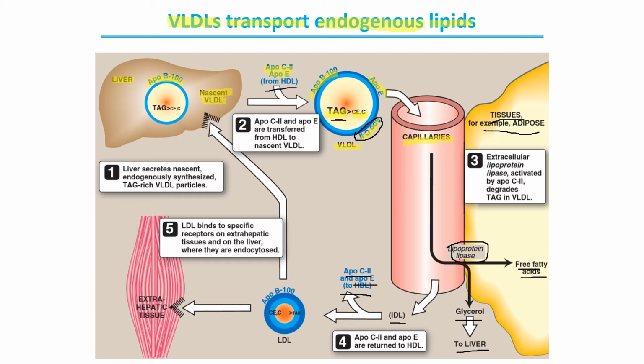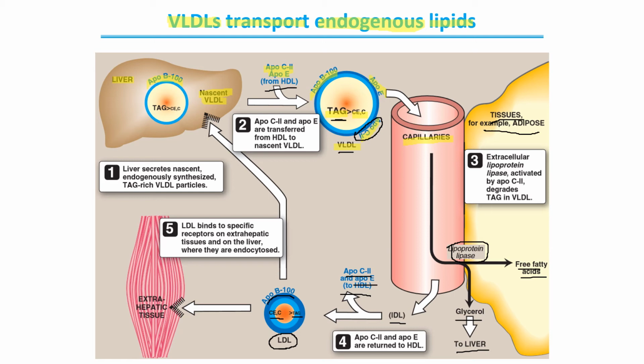Here it returns both of them, and the remaining particle is what we call the LDL or low density lipoprotein. It has only got one protein on its surface, ApoB100, and TAG again is in the lowest quantity. In VLDL it's in high quantity, in LDL it's in low quantity. Cholesterol and cholesterol ester are in high quantity.